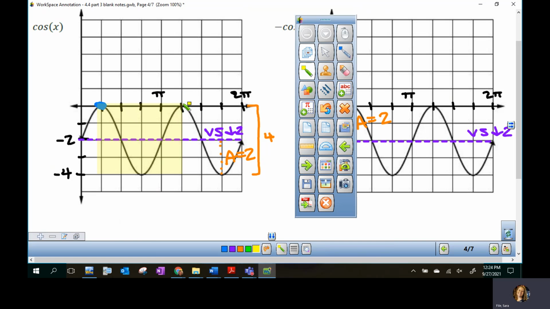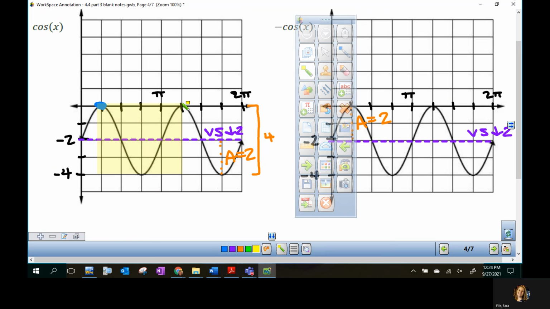I could have chosen this as a starting point, couldn't I? And looked at this one. Now I don't see the complete cosine cycle if this is my starting point, but that's okay. I could write it for there. So there's actually infinitely many correct answers because the graph goes on forever. So you could choose any maximum to be your starting point.